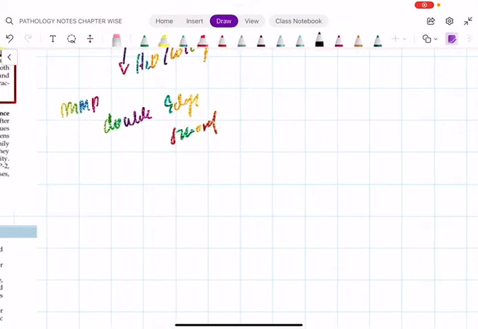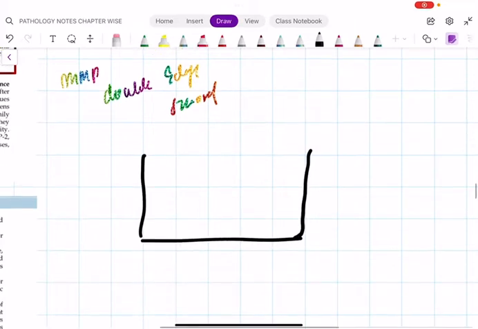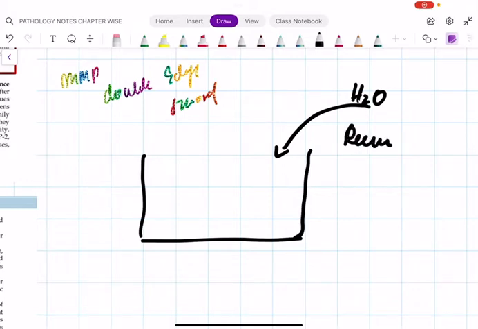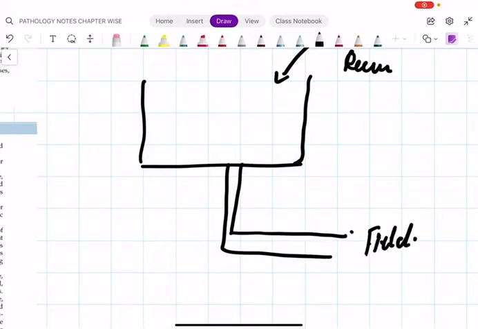For example, look at this picture. This is a tank of water. So water is coming from the reservoir, and from here the water goes to the field, the paddy fields or whatever it may be.